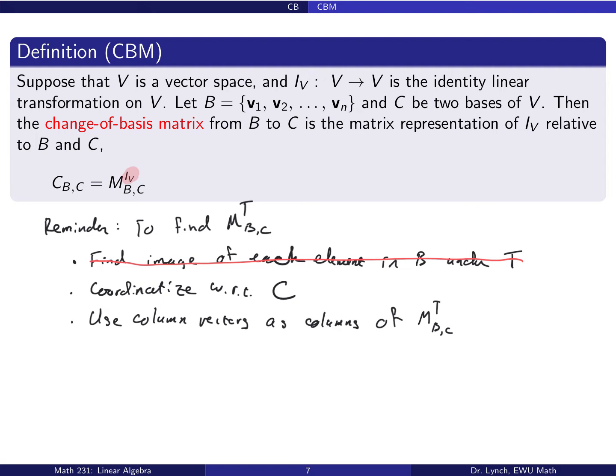All we do is coordinatize each element in B with respect to the vectors in C. That coordinatization process gives us a bunch of column vectors, and those column vectors are the columns of the change of basis matrix.